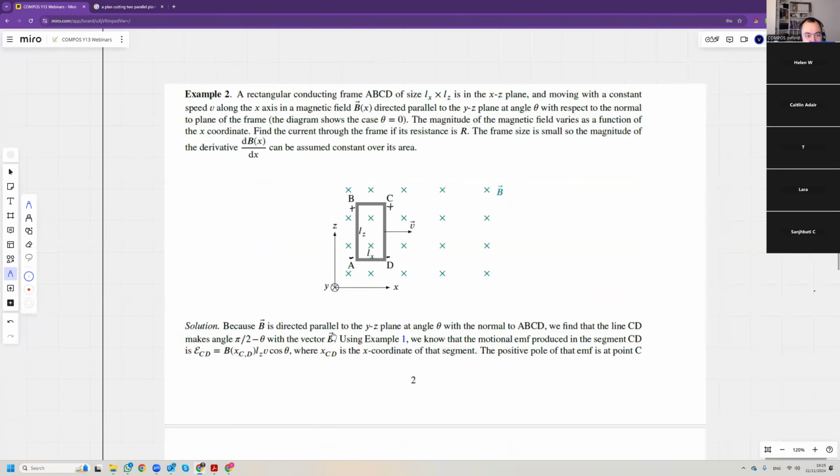Line CD. The magnetic field is directed parallel to the YZ plane at an angle theta with respect to the normal of the frame of the diagram.